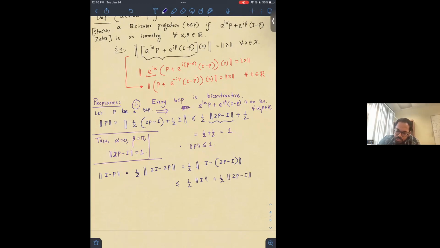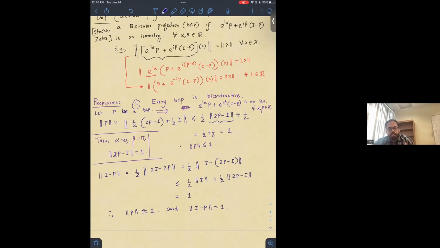And by the same logic, it is equal to 1. So in other words, the norm of P is equal to 1, and the norm of I minus P is also equal to 1. Therefore, this projection is indeed a bi-contractive projection. So every bicircular projection is a bi-contractive projection.